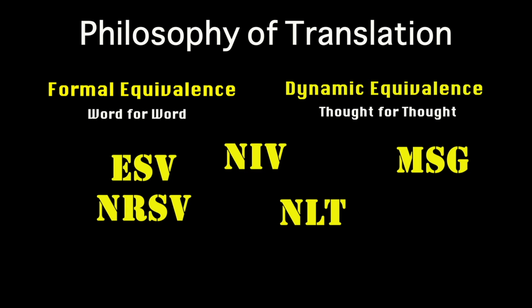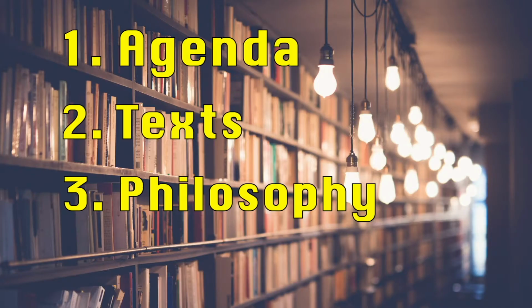All right. So the three major reasons, there are other reasons, but the three major ones that lie behind the differences between all of the different English translations and versions of the Bible that are out there are 1, the agenda, 2, what texts are they using, what source material, and 3, what is their approach, what is their philosophy of translation? Are they going for formal equivalence or dynamic equivalence?